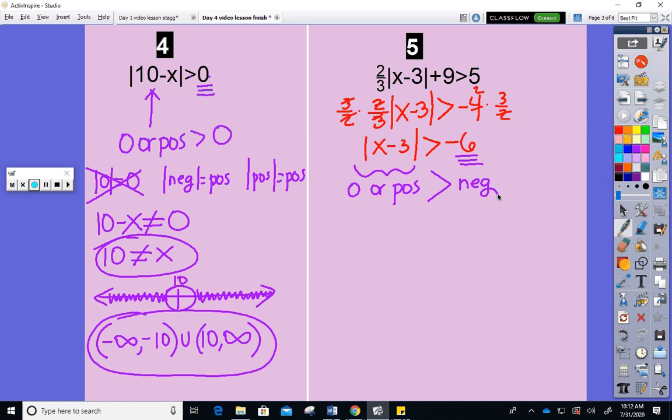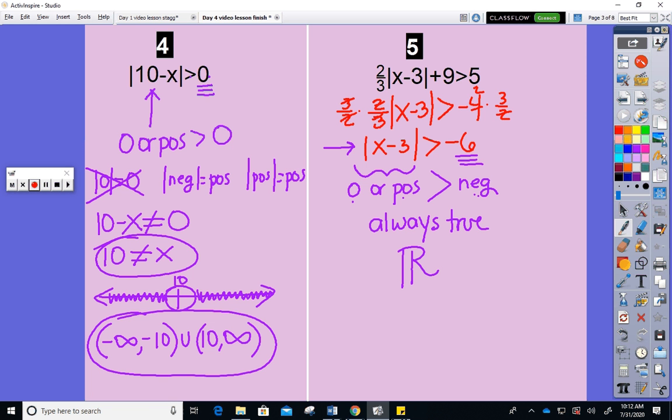Well, 0 is always greater than a negative, and a positive number is always greater than a negative. So the statement right here is always true. It doesn't matter what you plug in. So if you get something that's always true, just say all real numbers.